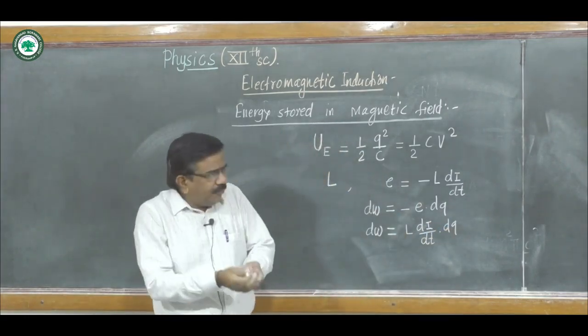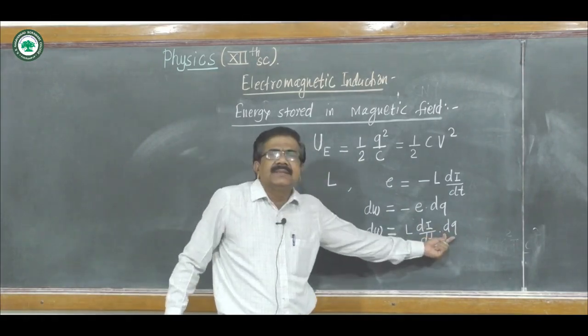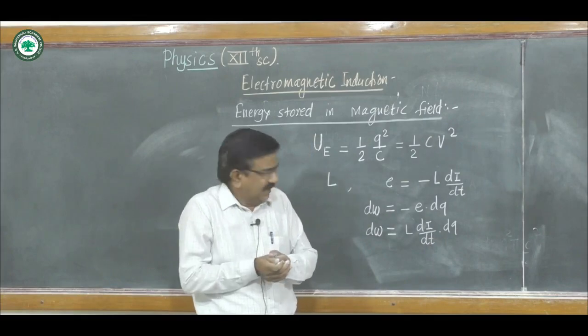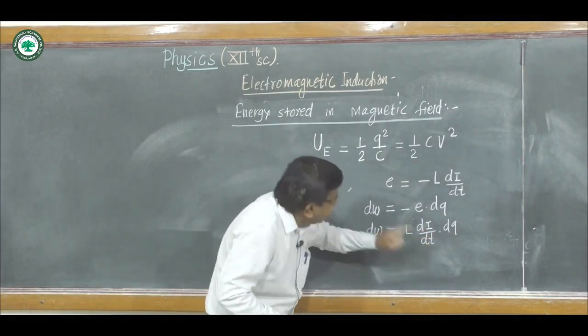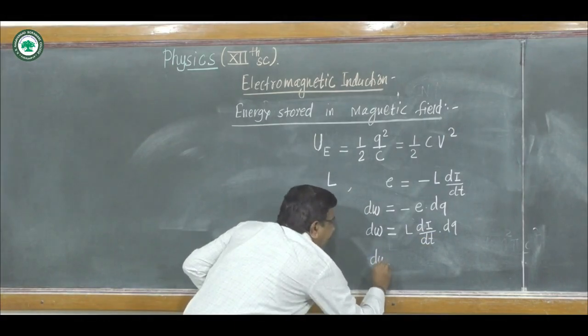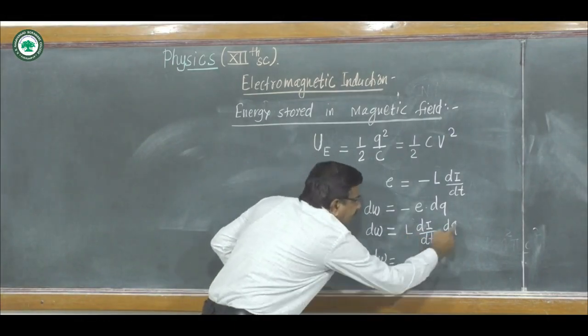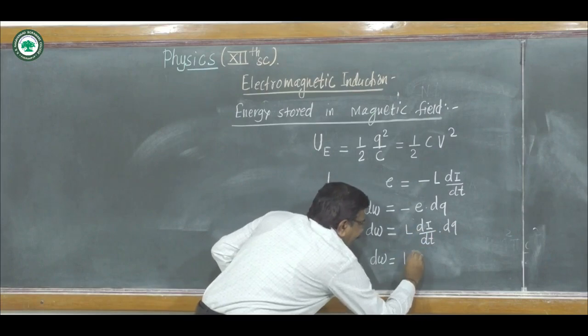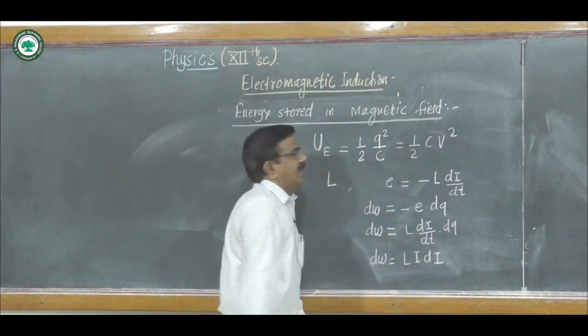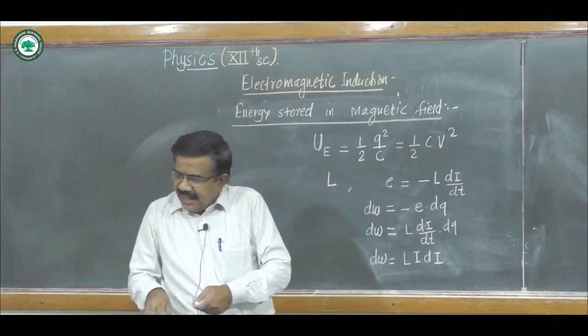But we know the rate of flow of charge is current, dq upon dt is I. Hence the work done dw is L I di.